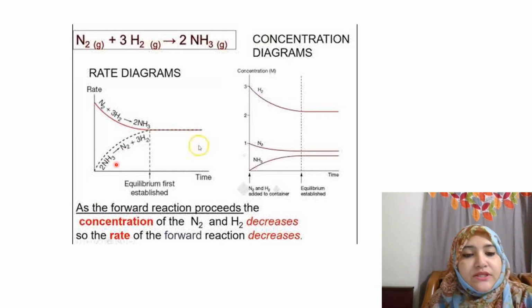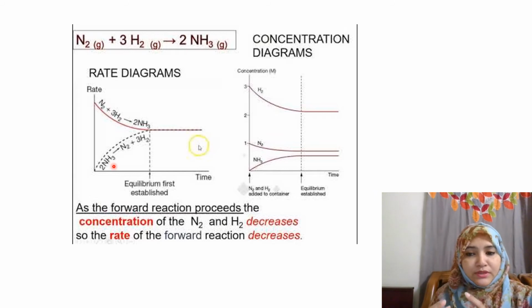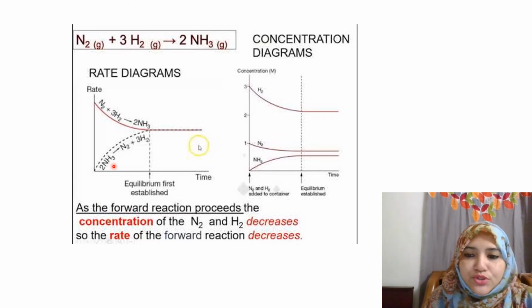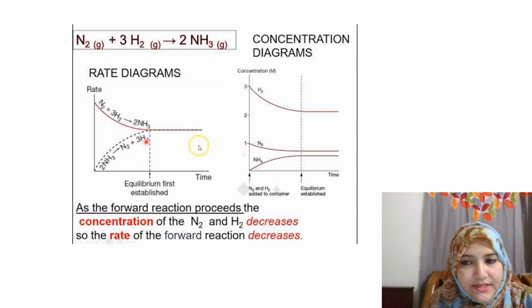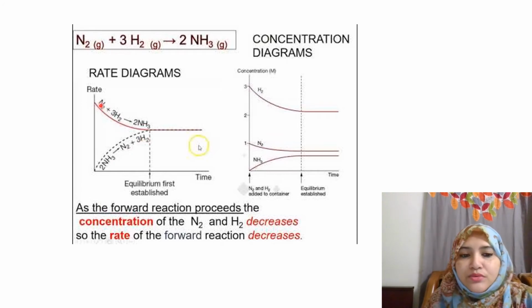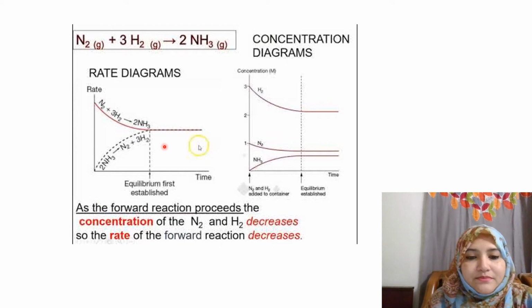For the reverse reaction, ammonia is the reactant, and the more ammonia molecules are available to break up into the reactant gases, that means into nitrogen and hydrogen, the rate of the reverse reaction speeds up.